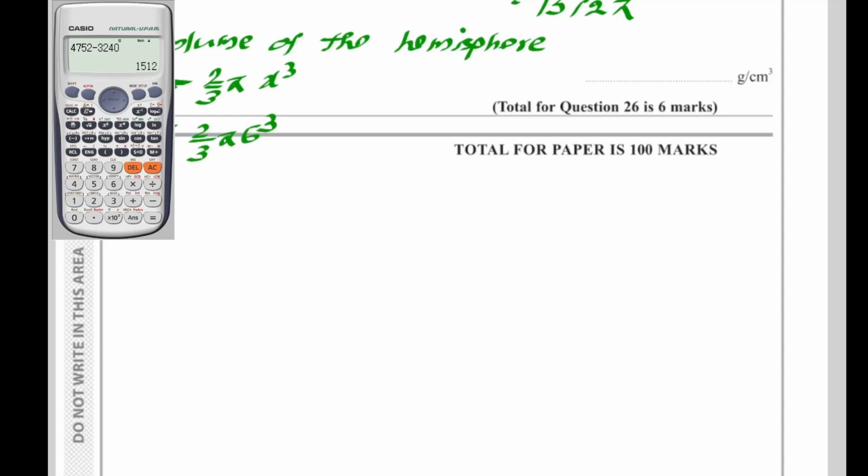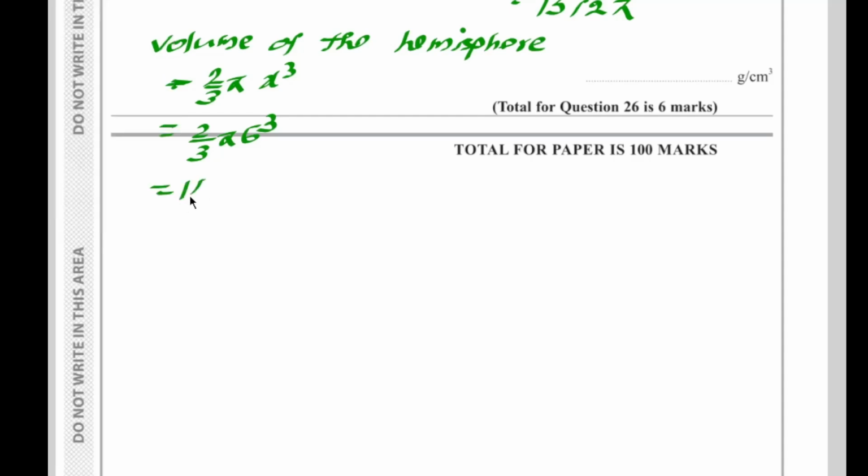Let's get the answer. 2/3 into pi into 6 cube equals 144 pi. So the answer is 144 pi for the volume of the hemisphere.